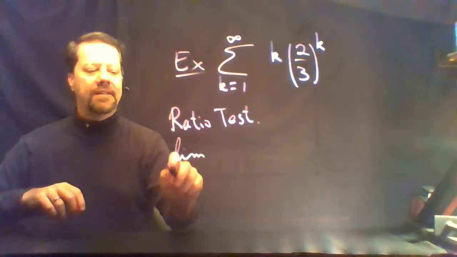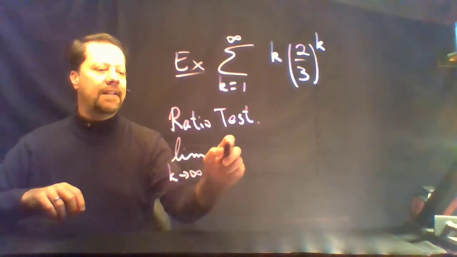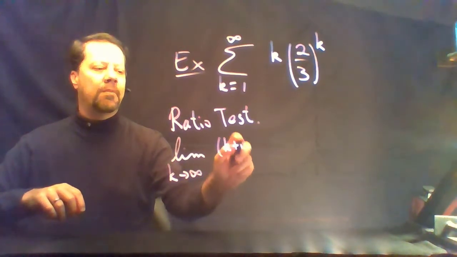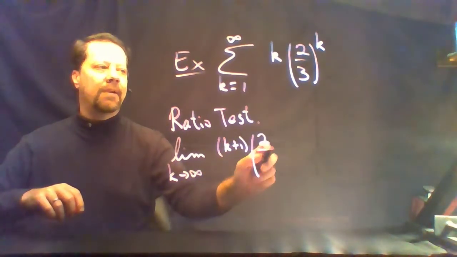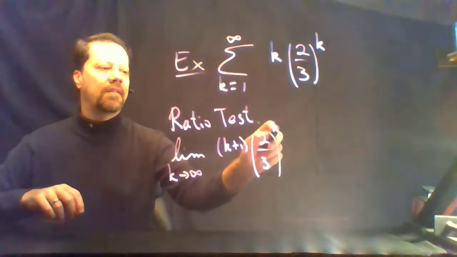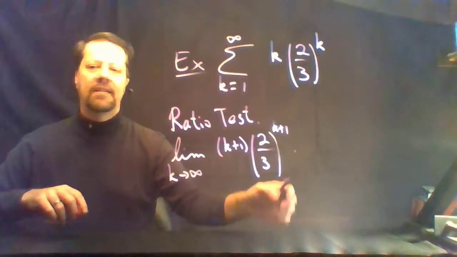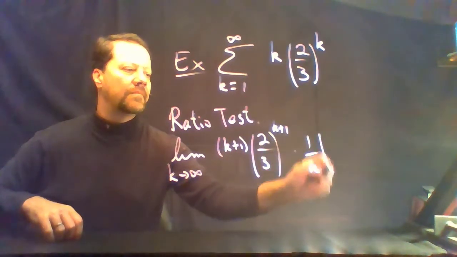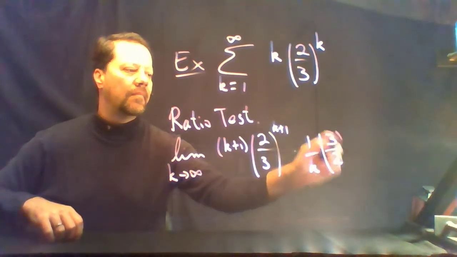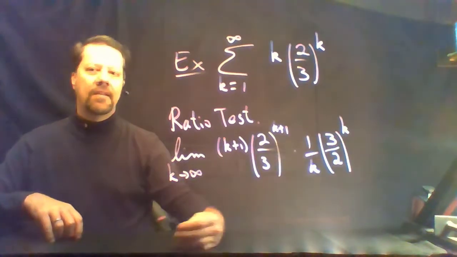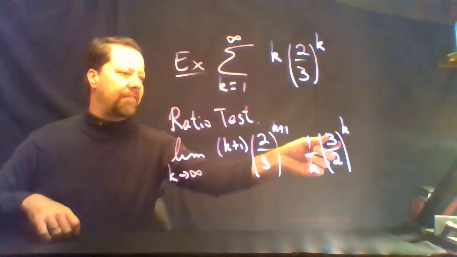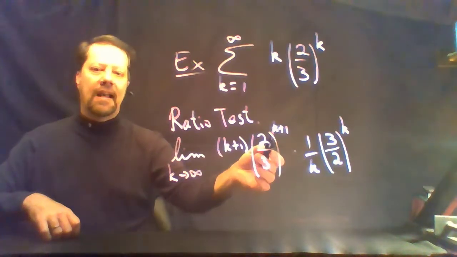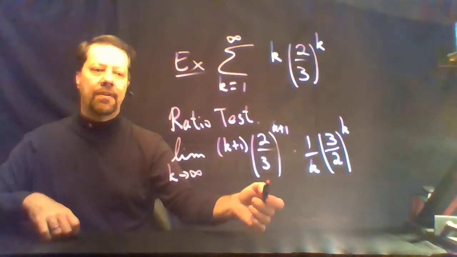We'll calculate the limit as k goes to infinity. We replace k by k plus 1 everywhere in sight, and then divide by this factor as well. You can see that we have k factors of 3/2 and k plus 1 factors of 2/3.